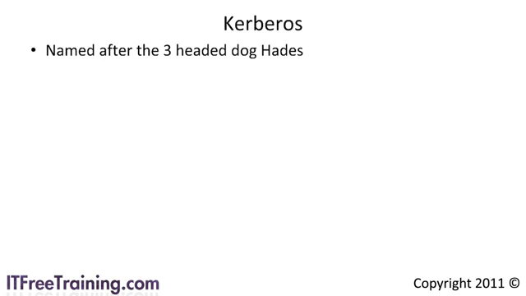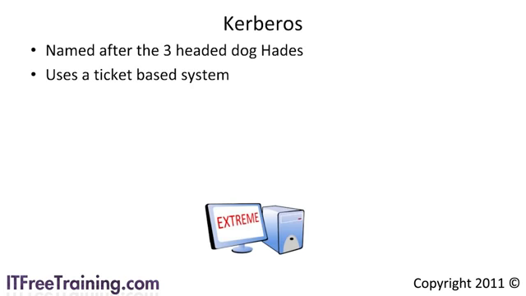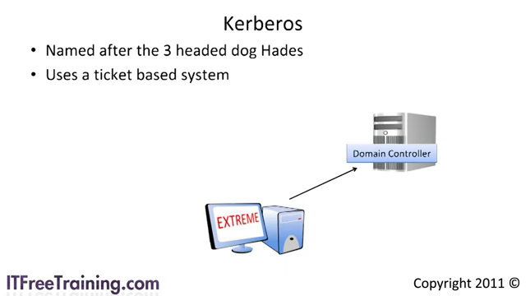The Kerberos authentication system provides an alternative to the NTLM authentication system and addresses some of its shortfalls. The system itself is named after the three-headed dog from Greek mythology that guards Hades. Kerberos uses a ticket-based approach. When a client computer requests access to a server or service on the network, the user must be authenticated.